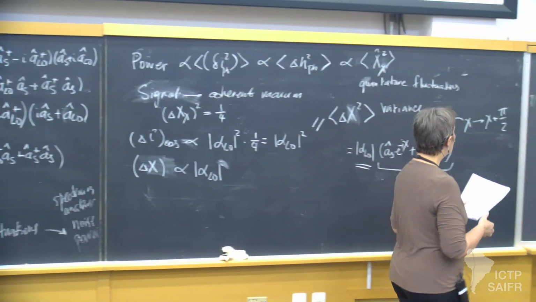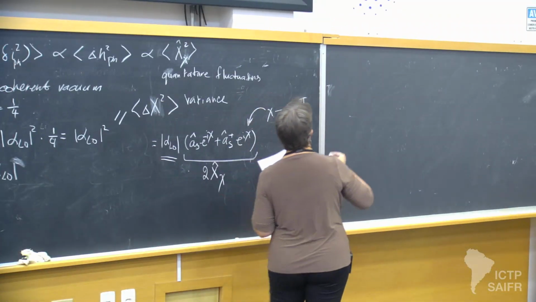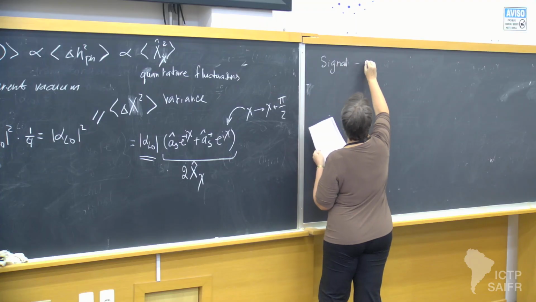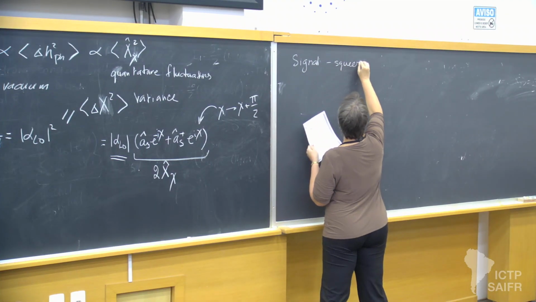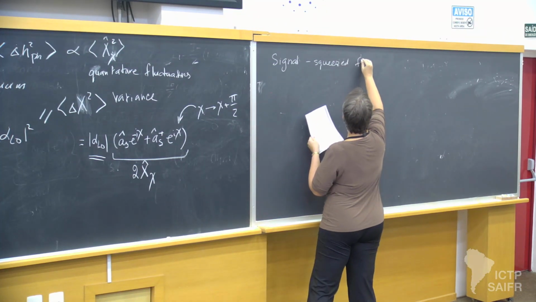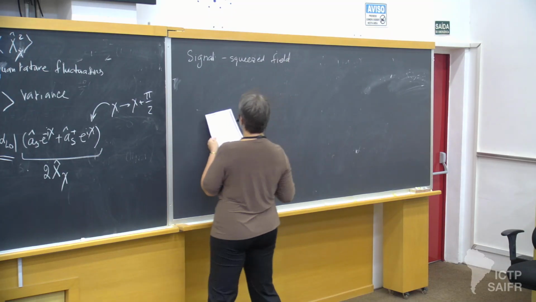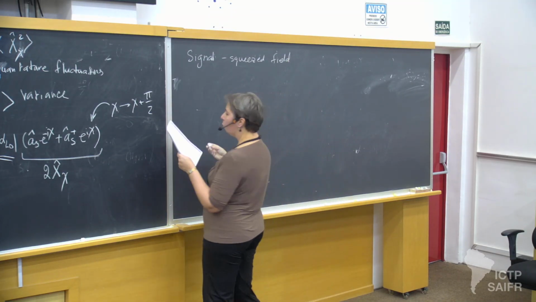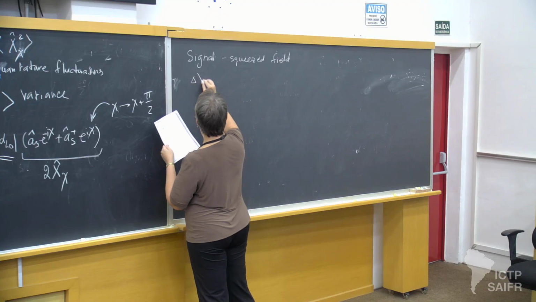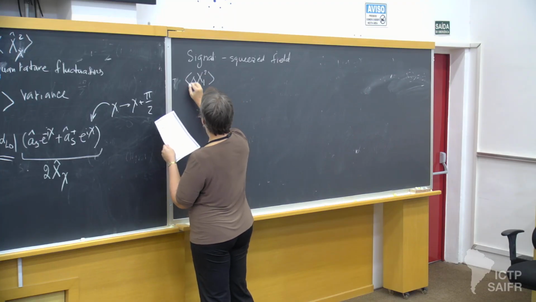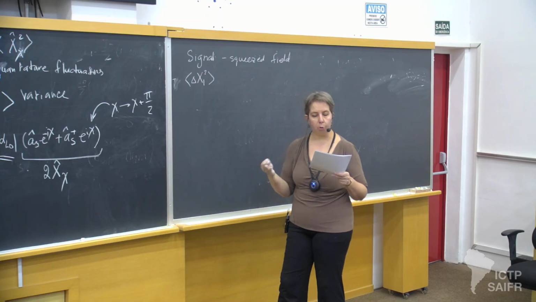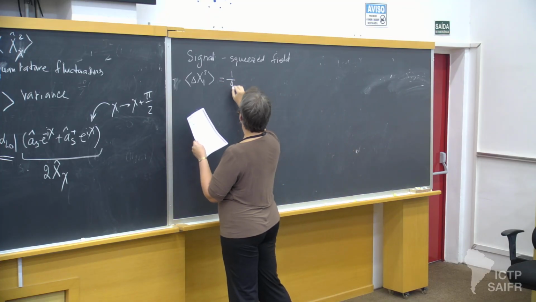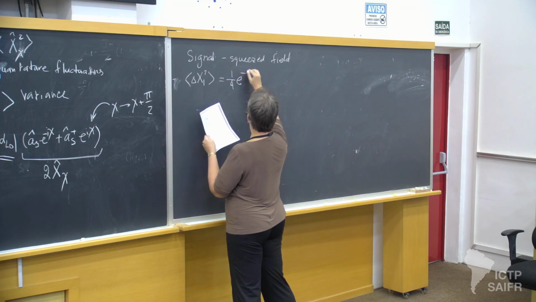Of course, if you use the squeezed signal, so if our signal is a squeezed field, in this case it really matters which quadrature you are measuring, because you can adjust the phase of your local oscillator to measure the squeezed quadrature, which in our case will be e to the minus 2r.